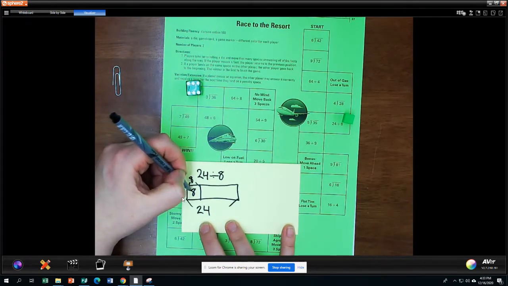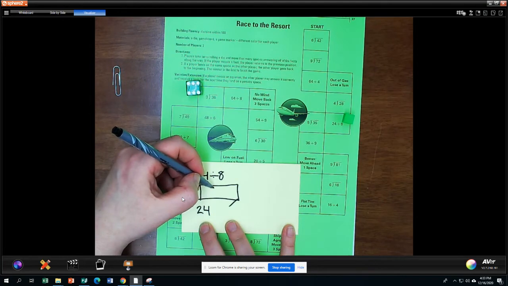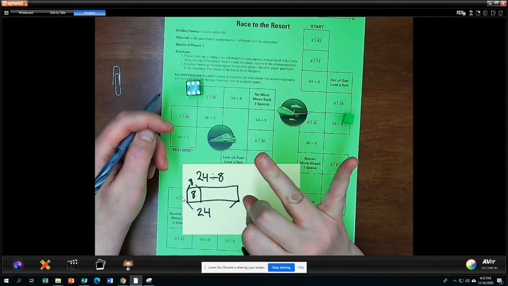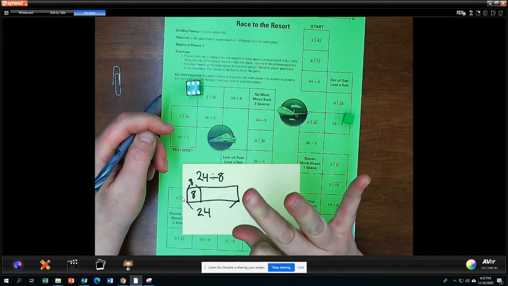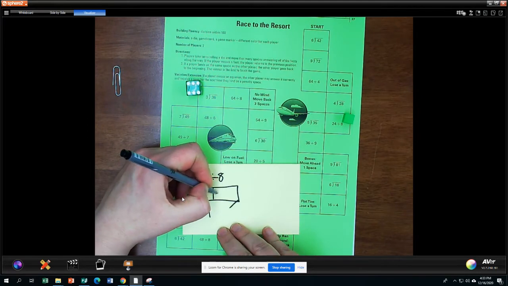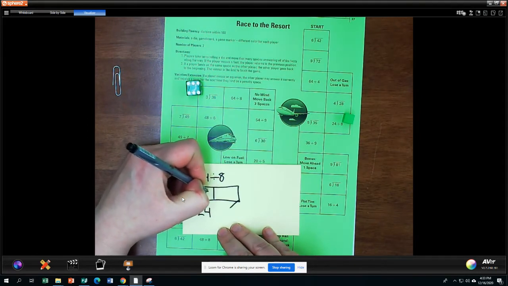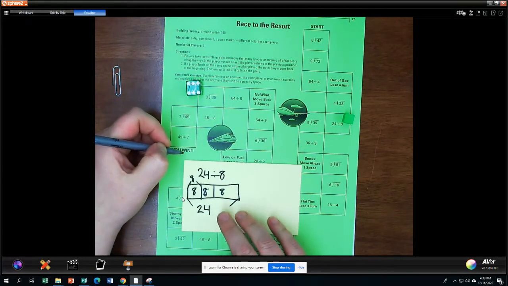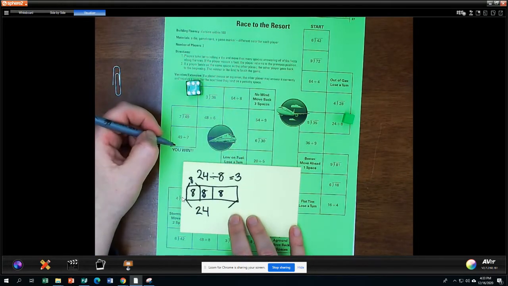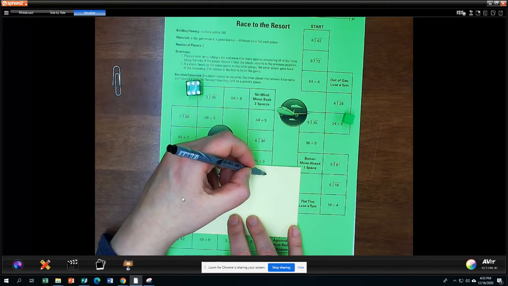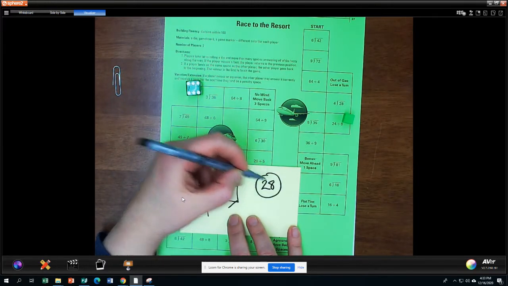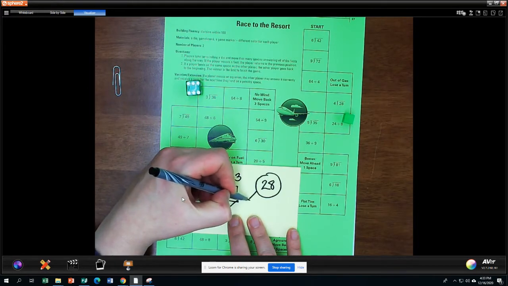And I know that my unit size is 8. So I could count by 8s and see how many 8s it takes me to get to 24. So I could go 8, 16, 24. So it took me 3 8s. So that means that 24 divided by 8 is 3.